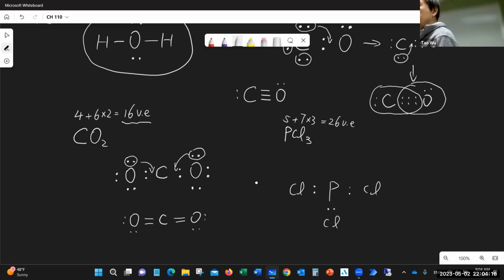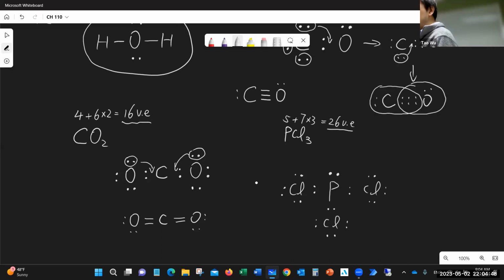So 6, 8, 10, 12, 14, 16, 18, 20, 22, 24. Now we've assigned all the side atoms and made everything octet. Then we have 22, right? Or 24. So we have 2 more dots to go, and those 2 more dots have to be in the central atom.